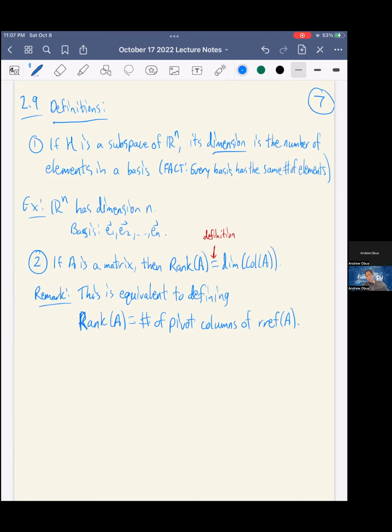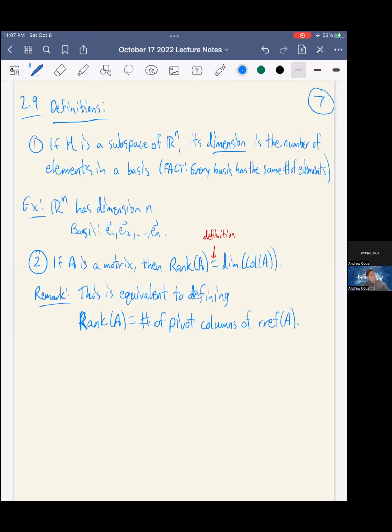Okay, so this concept, the rank, it's a number, and you can say either it's the dimension of the column space of A, or you can say it's equal to the number of pivot columns of A, or really more precisely stated, of the row reduced echelon form of A. Okay, so those are the two definitions, right?